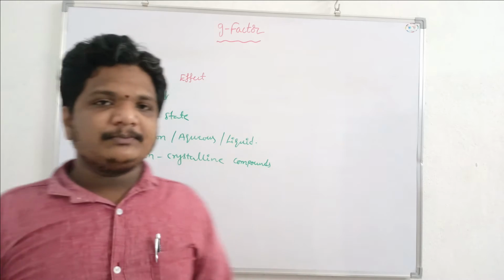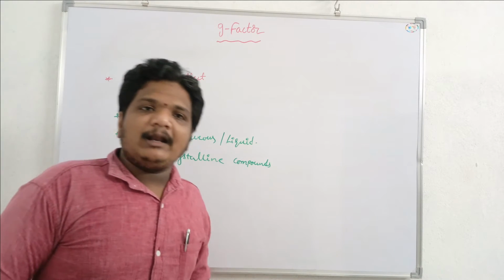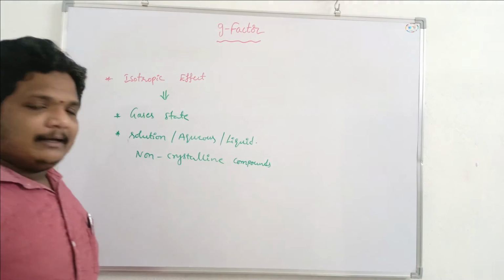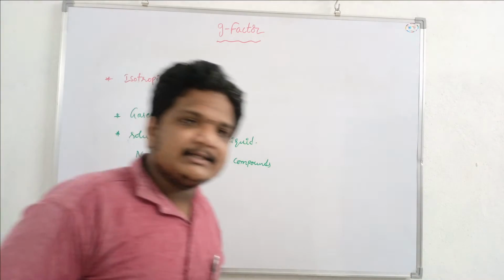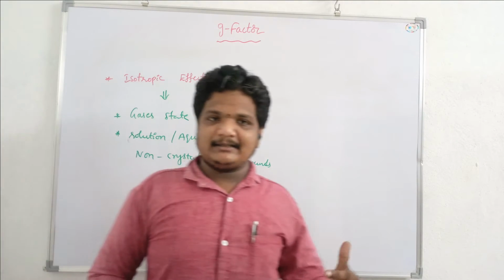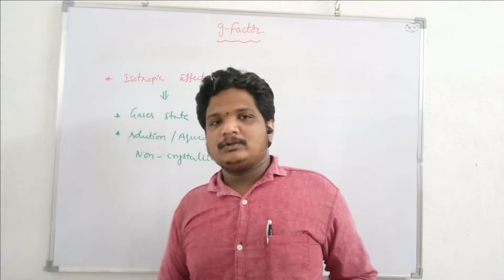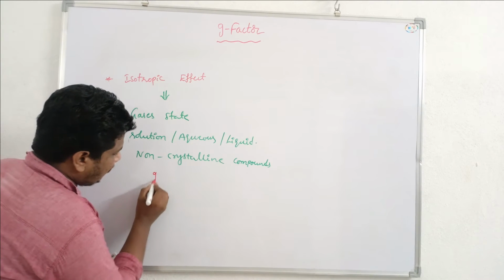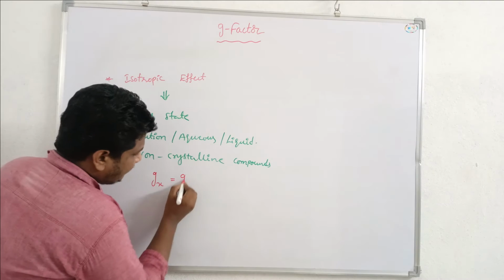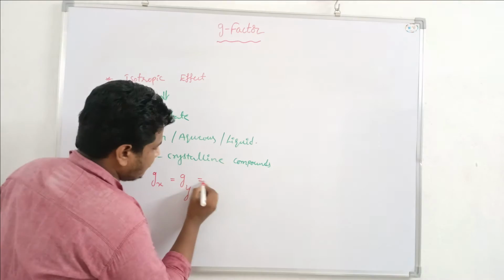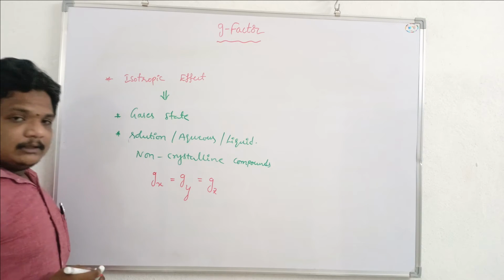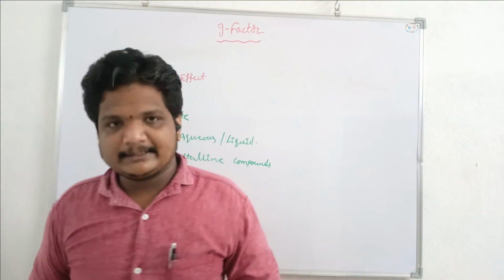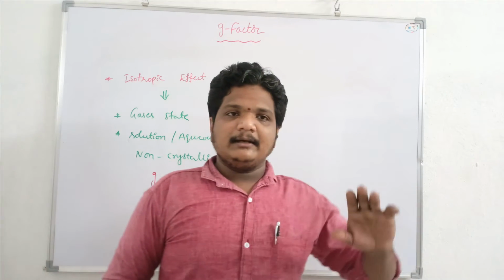In this case, the value of g along the x-axis, y-axis and z-axis that we have observed are equal values. Here the electron density is distributed equally along the x-axis, y-axis and z-axis. So the value of g along the x-axis is equal to the value of g along the y-axis and z-axis.